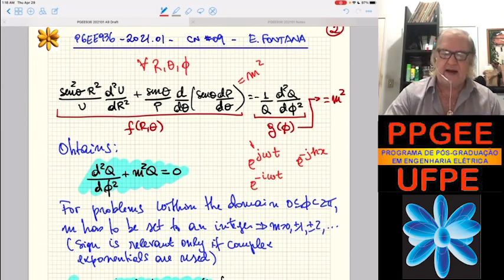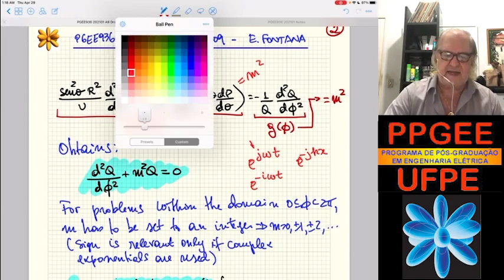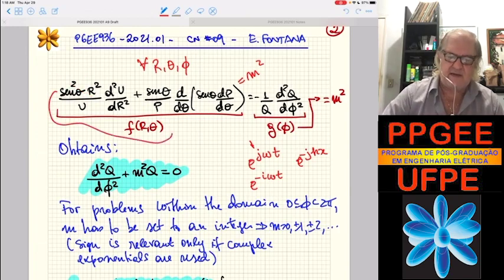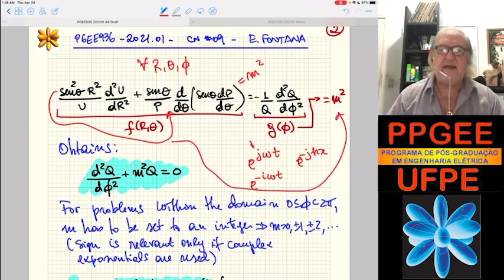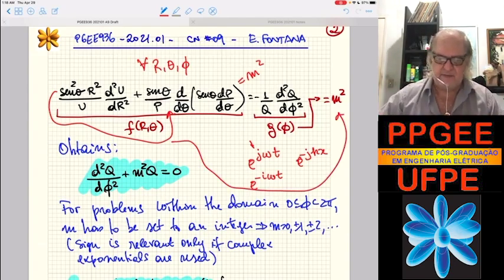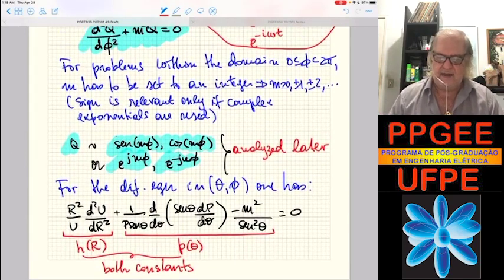I can extract the sine theta from here and put sine squared theta here. It's going to go also to the denominator here, but I can separate the theta part from the radial part. That's why you see sine squared theta appearing down here, right?